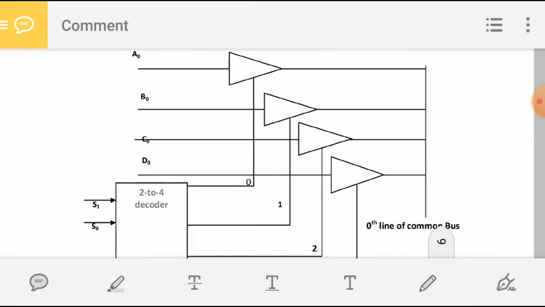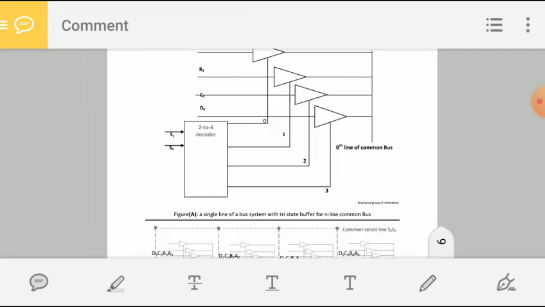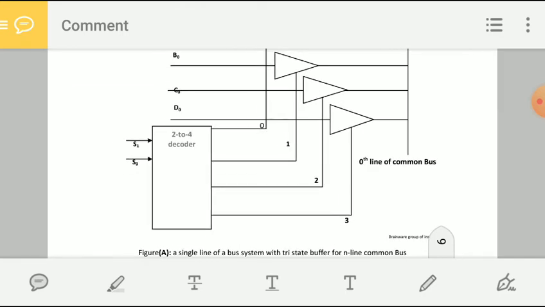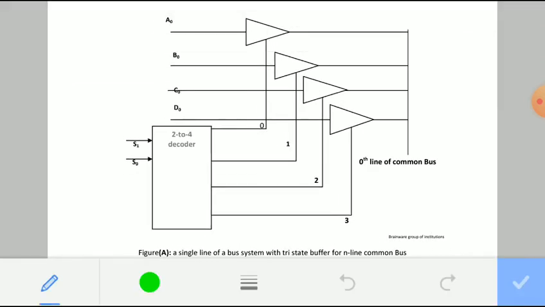I minimized the picture for complete visibility. See, here are the registers A0, B0, C0, D0. Same as another group containing A1, B1, C1, D1, and A2, B2, C2, D2.